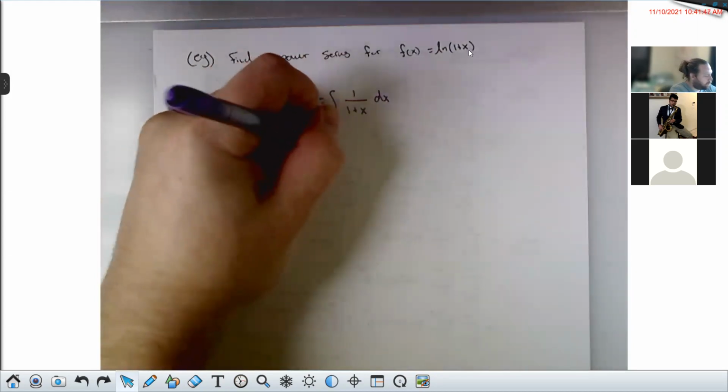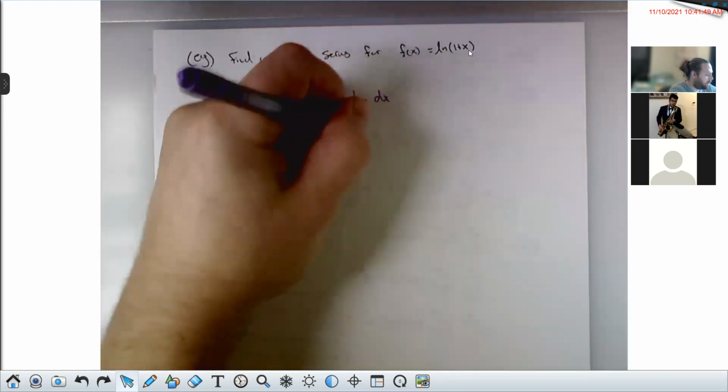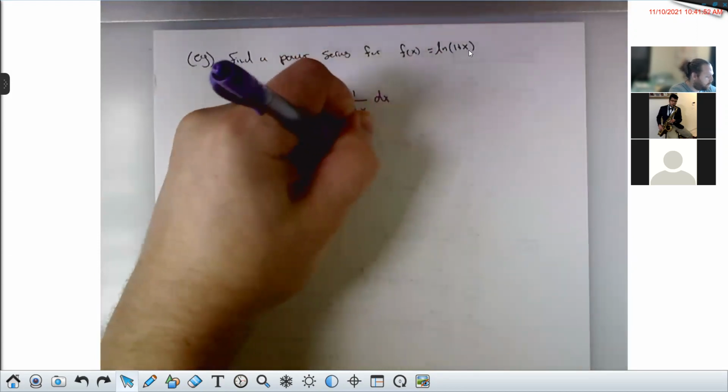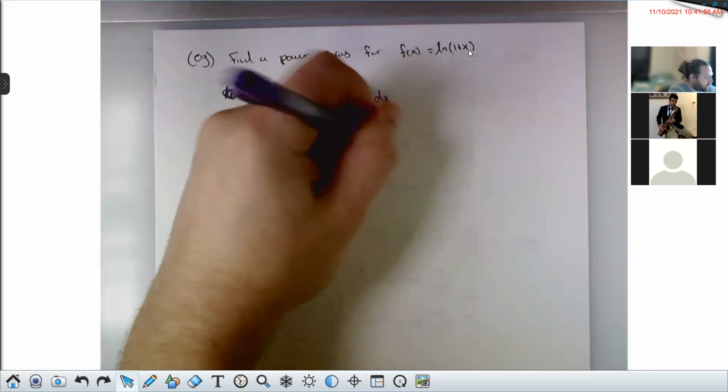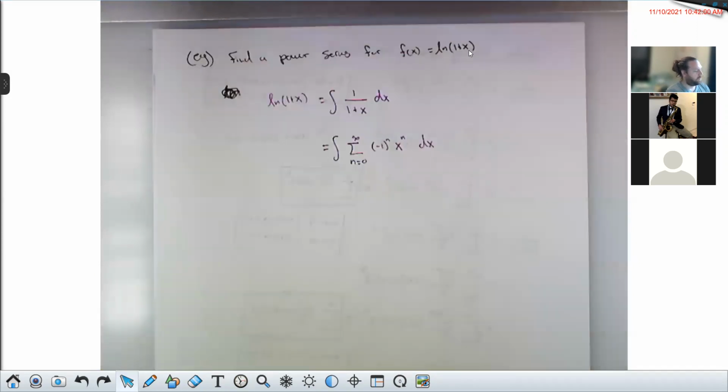And I can write 1 over 1 plus x as, we've done this a few times now, sigma n from 0 to infinity, negative 1 to the n x to the n dx. 1 over 1 plus x is 1 over 1 minus negative x.